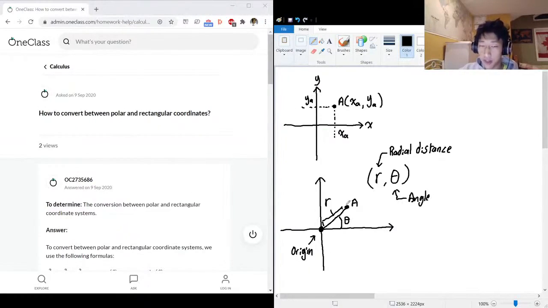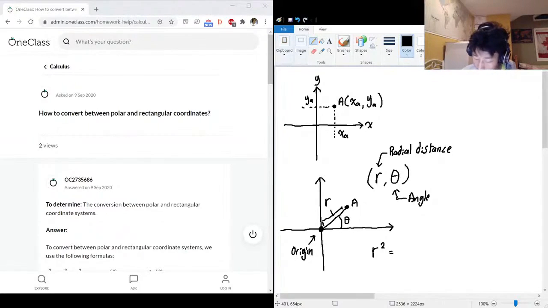So to find the length of r, which is just the hypotenuse, we're basically going to do Pythagoras Theorem. So we know that r is the hypotenuse, right? And Pythagoras Theorem says that the hypotenuse squared is equal to the perpendicular parts of the triangle squared and added together.